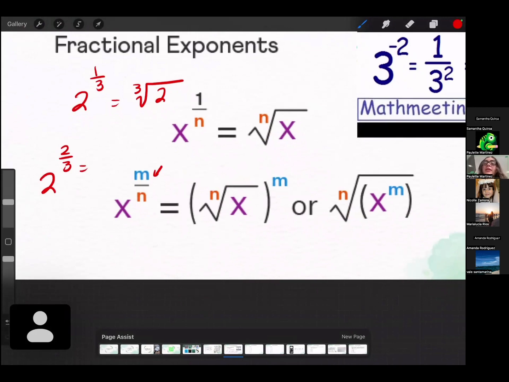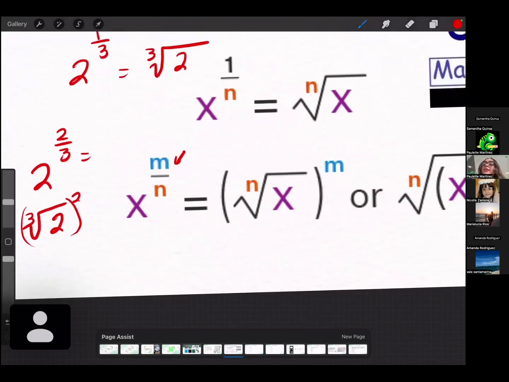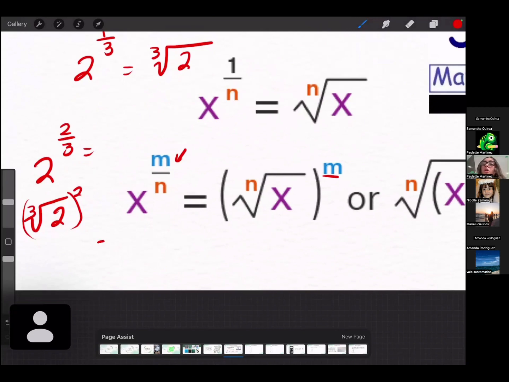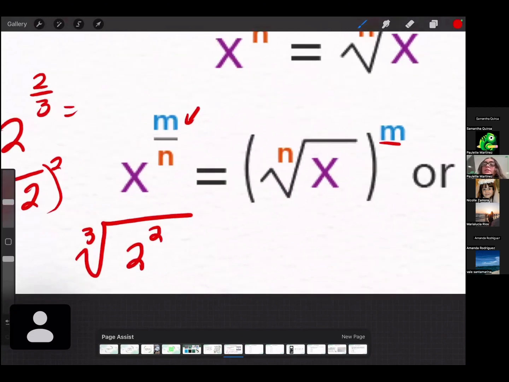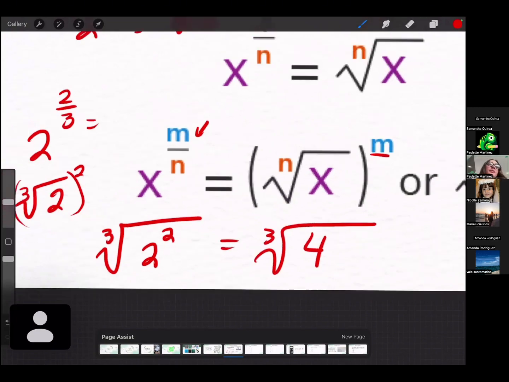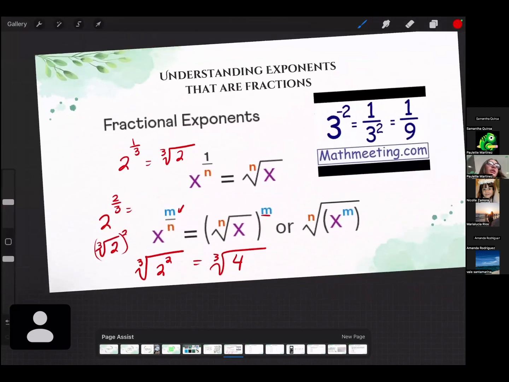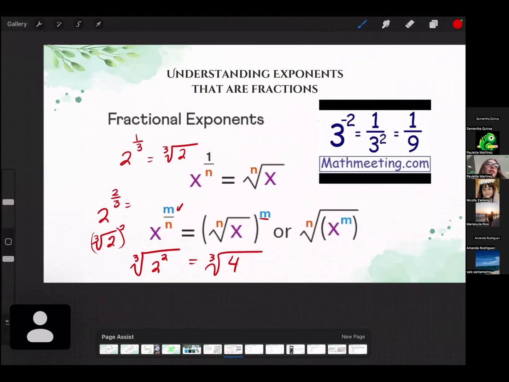It's the same thing as saying the cube root of 2, to the power of 2. You could technically leave the 2 outside, or what I prefer doing is this first, so I can just have it like this. Any questions on this method of writing the numbers?